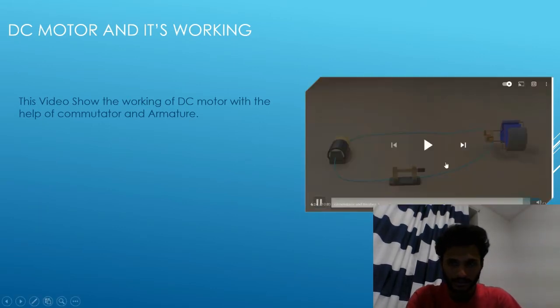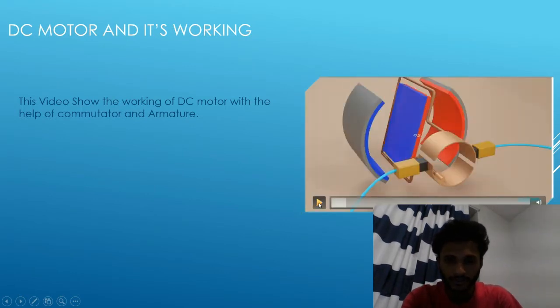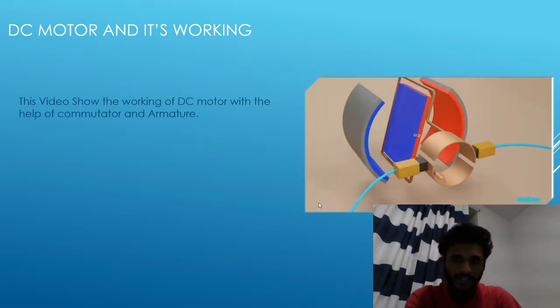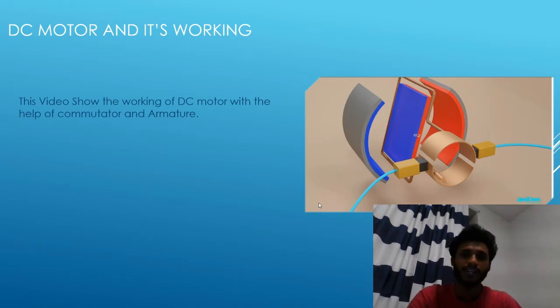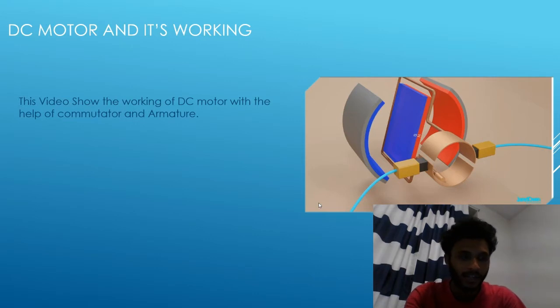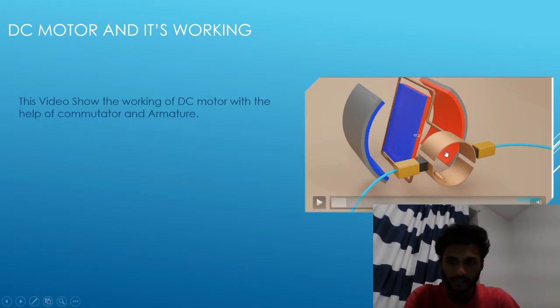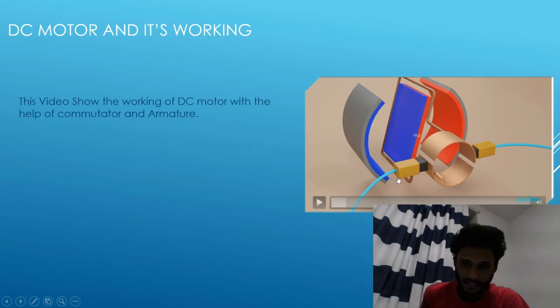And the inside magnet is a variable magnet, we can say. It changes its polarity with the help of the commutator, which is over here. This one is the commutator, and these are the springs which keep the current attached to it.